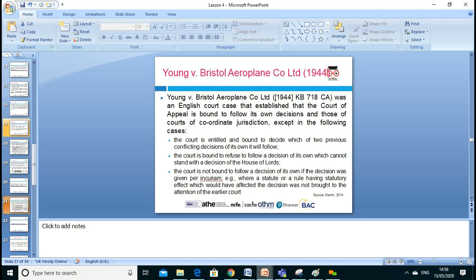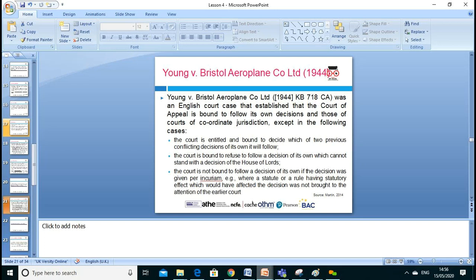The court is entitled and bound to decide which of two previous conflicting decisions of its own it will follow. The court is bound to refuse to follow a decision of its own which cannot stand with a decision of the House of Lords.